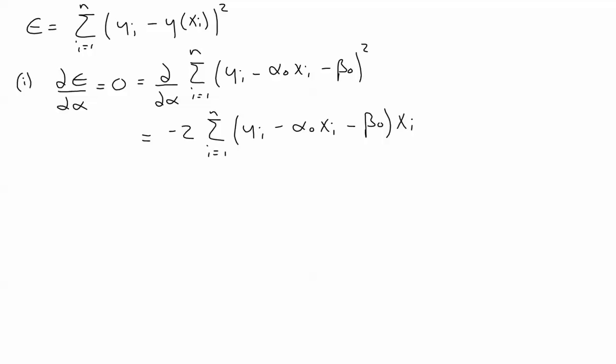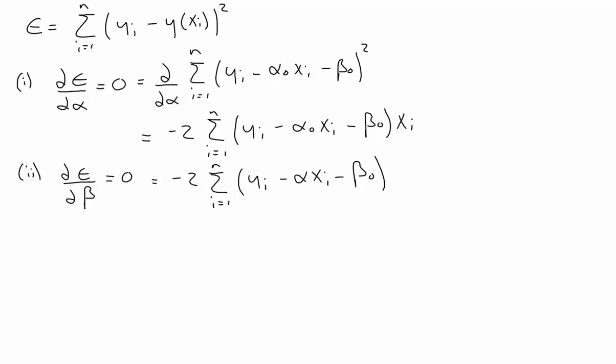Similarly, this is my second equation. I'm going to take a derivative of epsilon with respect to beta, and I'm going to set that equal to 0. And just like above, I get a minus 2 summation i equals 1 to n of y_i minus alpha naught x_i minus beta naught.